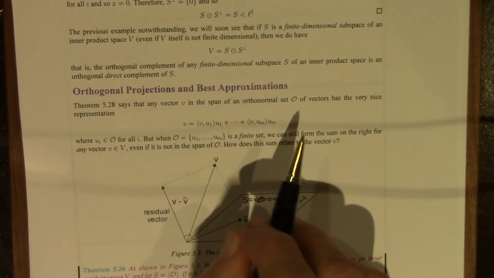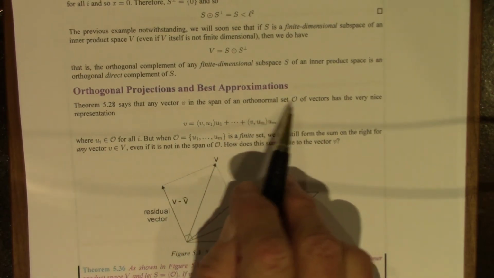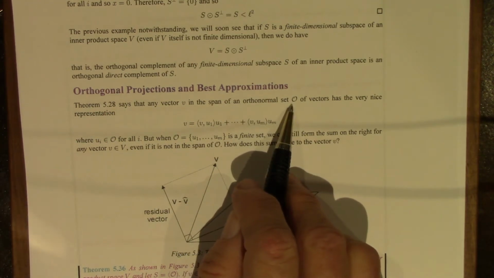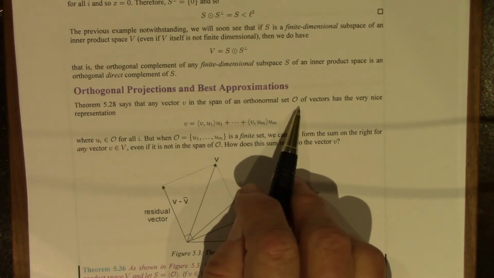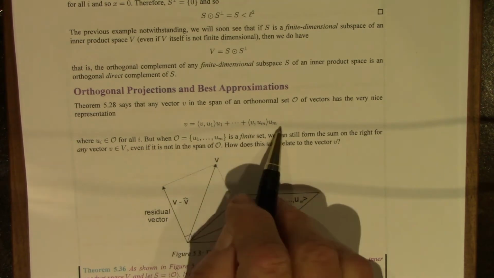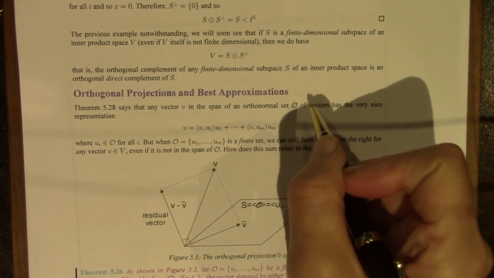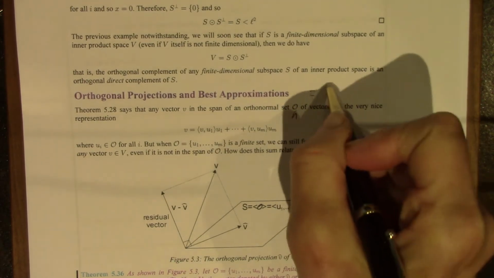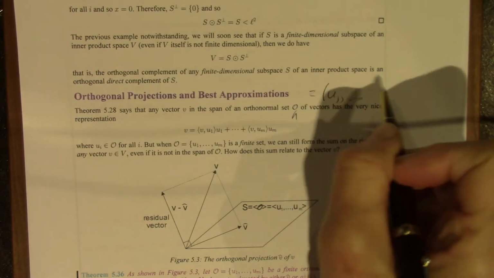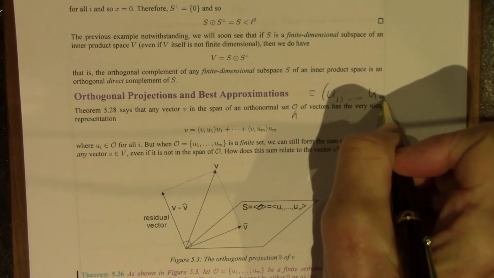V, we know, is a linear combination of the vectors in O, because we're assuming V is in the span of O. Let's say O equals u1 up through um.